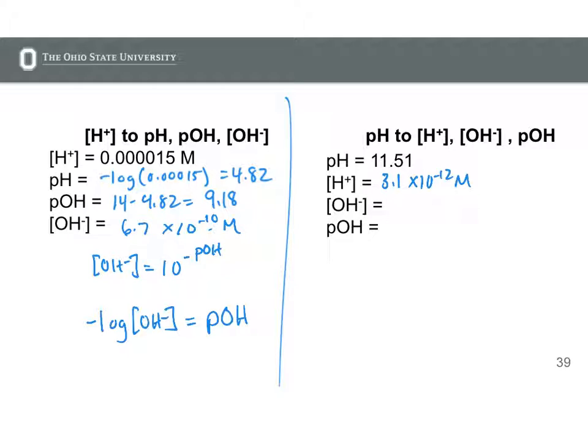OH minus, I have 3.2 times 10 to the minus 3 molar. Again, very basic solution, should have a high OH minus concentration, and that's fairly high. Take the minus log of that to calculate the pOH, and I get 2.49.